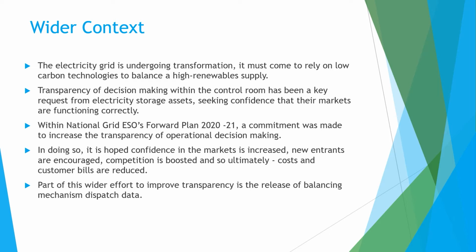So as we've seen, costs of balancing have soared as highly variable renewables generation grows. And so again, the release of this data is part of a wider effort to improve transparency.